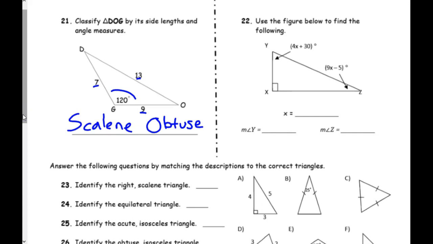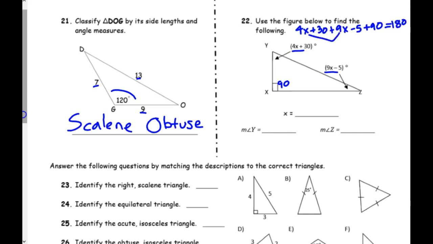22. Okay, if we have three angles, we know they add up to 180, so let's just add them up. So we got 90 plus this, right? So 4x plus 30 plus 9x minus 5 plus 90 equals 180.